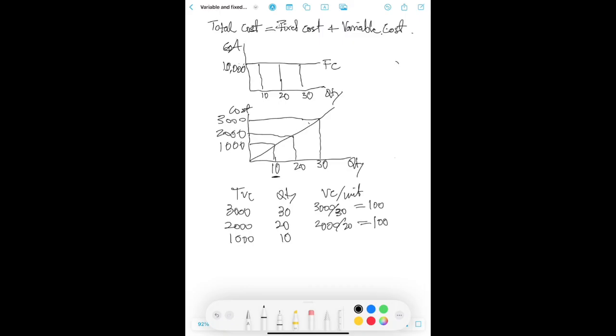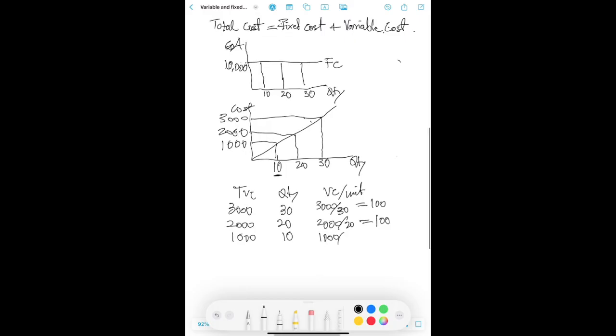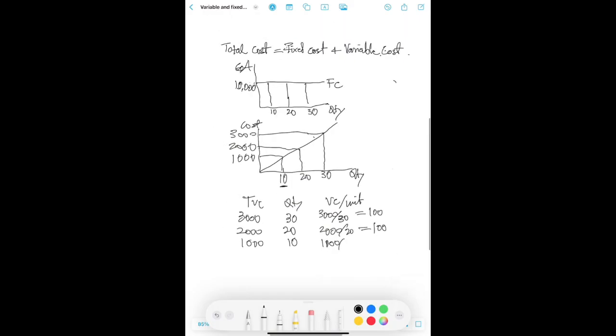For the last one, there are 10 units, and those 10 units in total cost 1,000 naira. So the cost of each unit will be the total variable cost of 10 units divided by the number of units, which is 10, and that gives me 100.